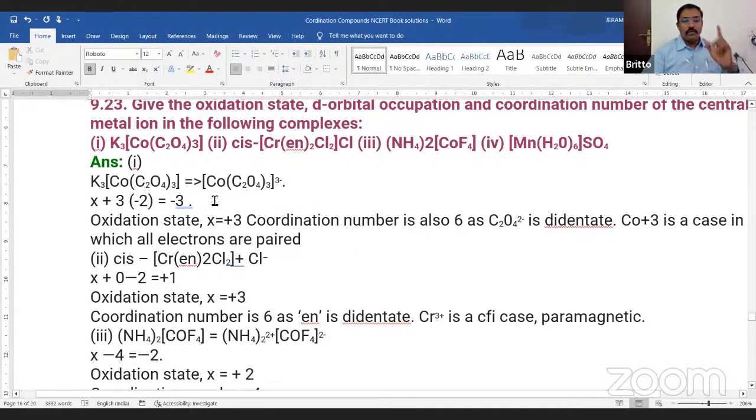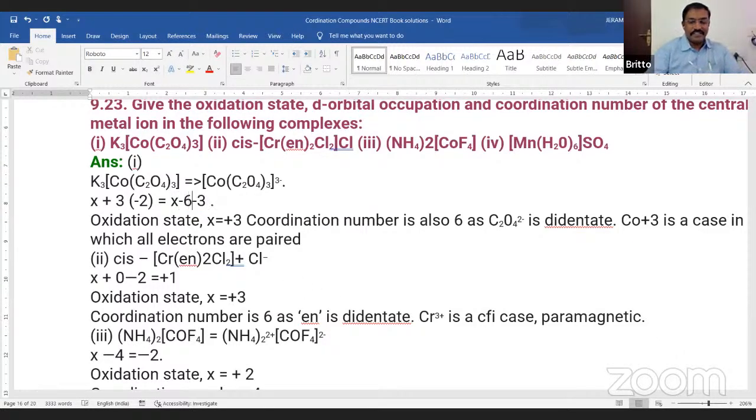So the charge is cobalt X, and then three oxalato, 3 times minus 2, so X minus 6 is equal to minus 3. When you bring the minus 3 to this side, X equals minus 3 plus 6, so plus 3.